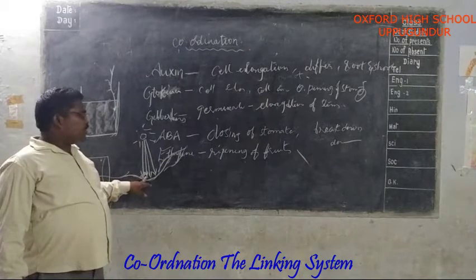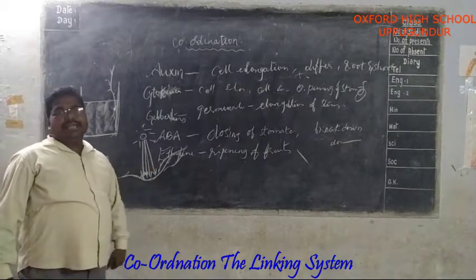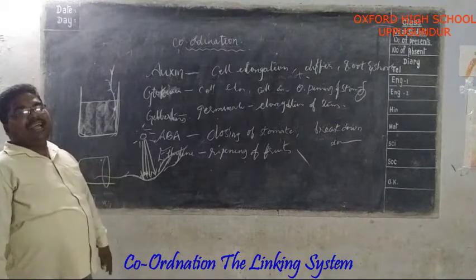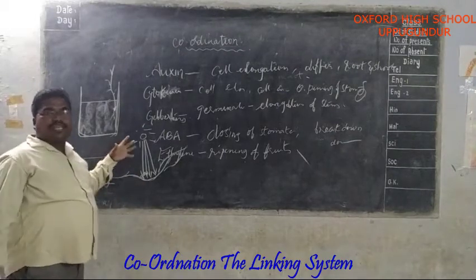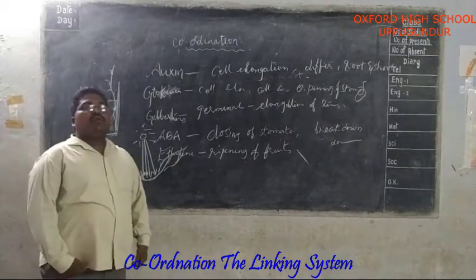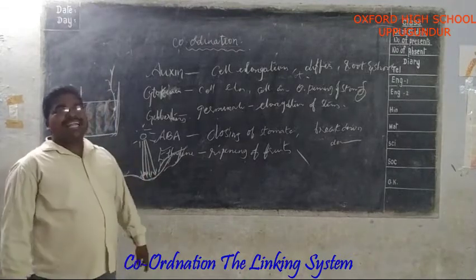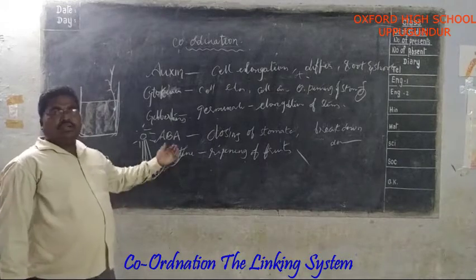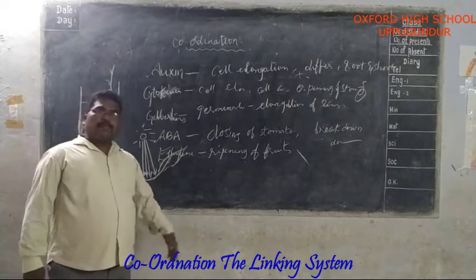So the increased level of hormone causes bending in that part. This is phototropism. The plant shows a response to light. It is called phototropism.